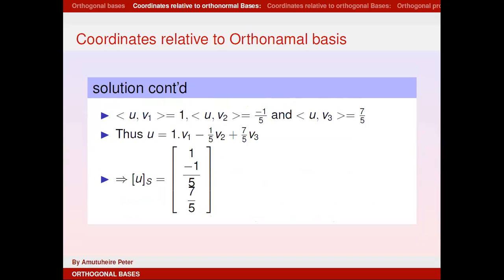So the linear combination is 1 V1, then negative 1 over 5 V2 plus 7 over 5 V3. So the coordinate vector of U relative to the orthonormal basis S is 1, then negative 1 over 5, then 7 over 5. So this is the coordinate vector that we are talking about.